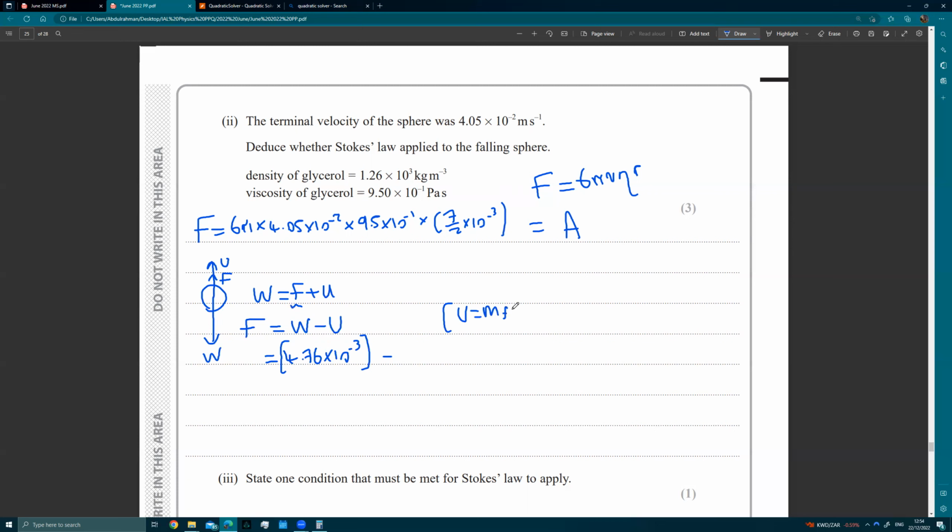So the mass of the fluid times by g, which is the density of the fluid multiplied by the volume of the object, because that's the volume of the fluid displaced from Archimedes' principle, multiplied by g. So this is the upthrust. So let's do that. So minus the density given as 1.26 times 10 to the 3 multiplied by the volume, which is just 4 over 3 pi r cubed multiplied by 9.81. Let's say you did this in your calculator correctly, then you would have got the following values.